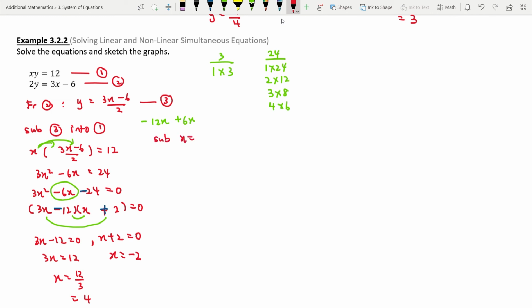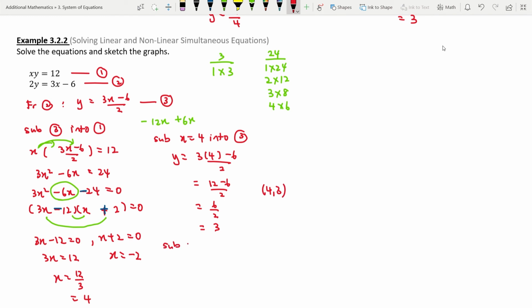Substitute x is equal to 4 into equation 3. y is equal to (3 multiplied by 4 minus 6) divided by 2, which is (12 minus 6) over 2, 6 over 2. Hence, y is equal to 3. The first coordinates of the point of intersection between the straight line and the curve is (4, 3).